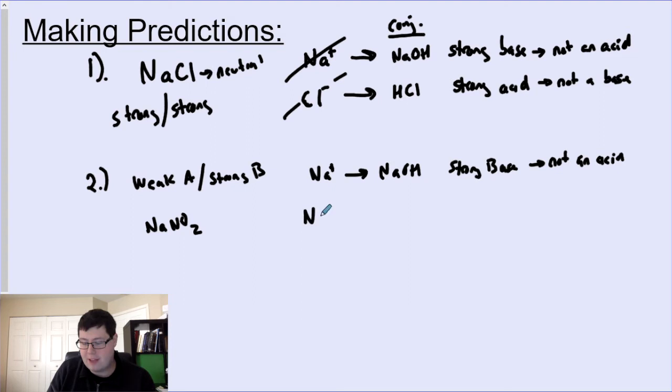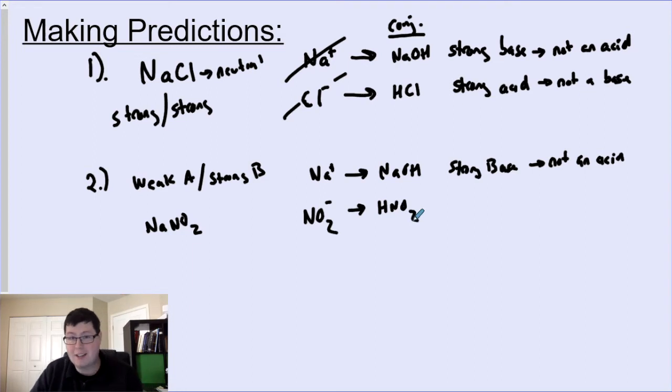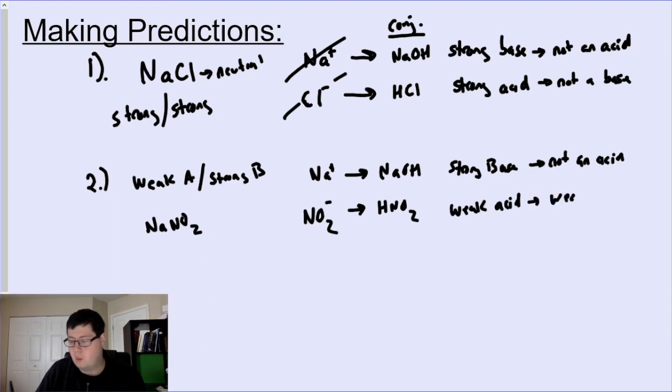But now I have this NO2 minus. NO2 minus comes from HNO2, which is importantly not HNO3. HNO3 is nitric acid, that's strong. This is HNO2, nitrous acid, and it is not a strong acid. It is weak. Therefore, because this is a weak acid, the conjugate of it, NO2 minus, is a weak base.